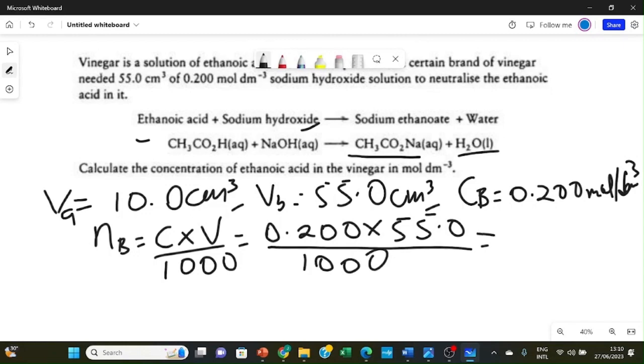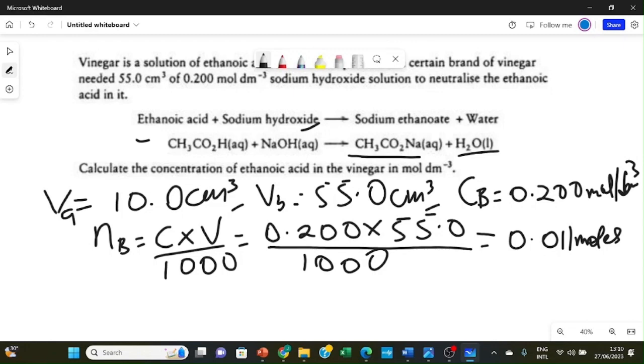So I'm going to use my calculator now: 0.200 times 55.0 divided by 1000. So you have 0.011 moles. That is the number of moles of the base.